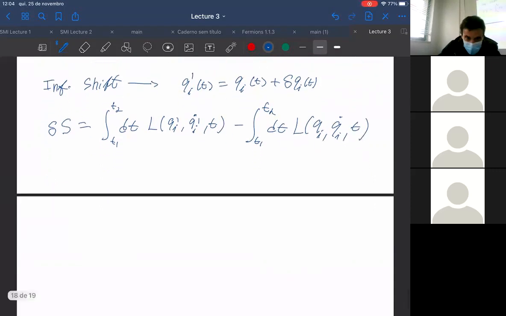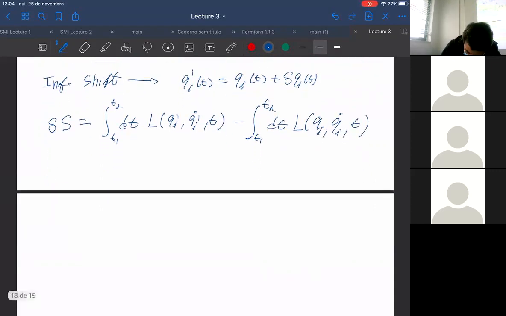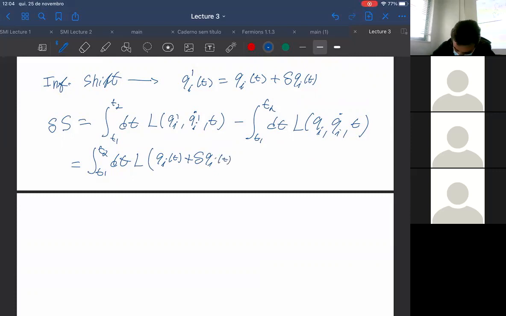And this is equal to the integral from t1 to t2 of dt L, using what is written there, of q_i(t) plus delta q_i(t). Let me remove the t's to make it less busy.